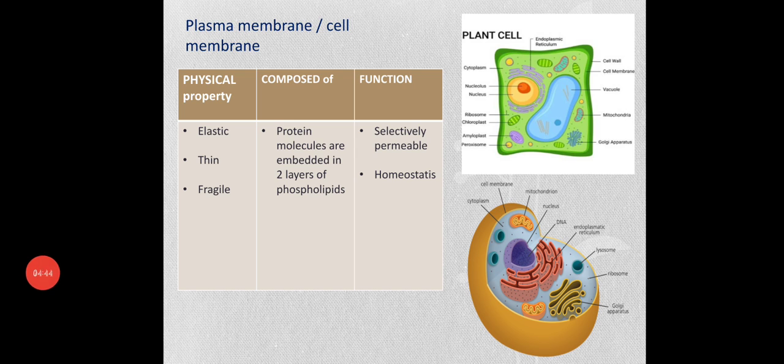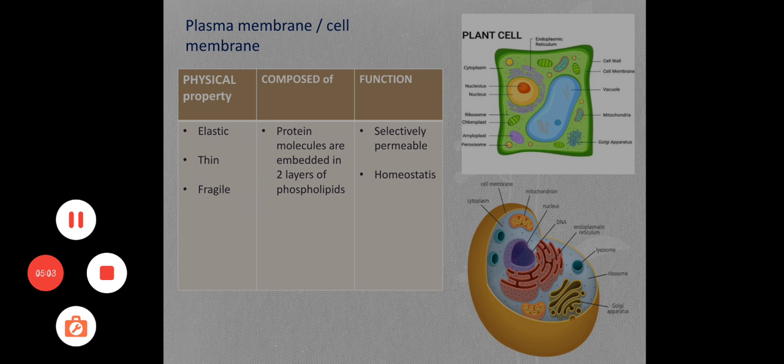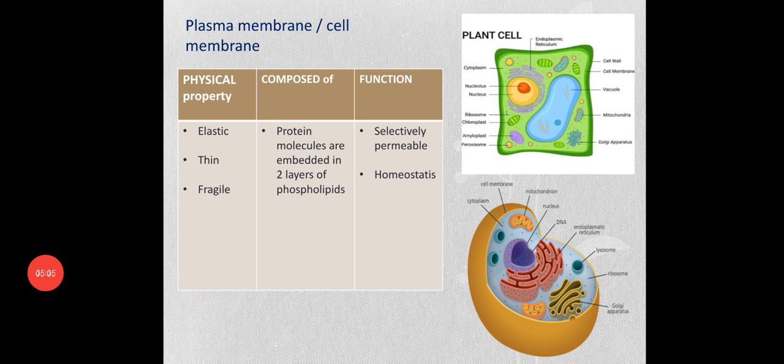As I already told you that the plasma membranes are selectively permeable membranes, that means they allow some of the substance to enter the cell while they prevent some of the substance to get out of the cell. So let's understand how these substances are traveling in and out of the cell.